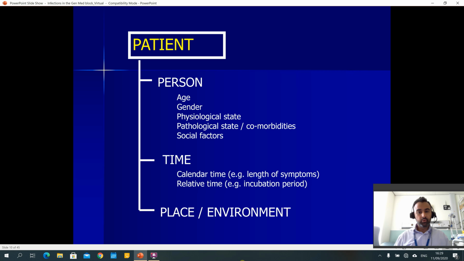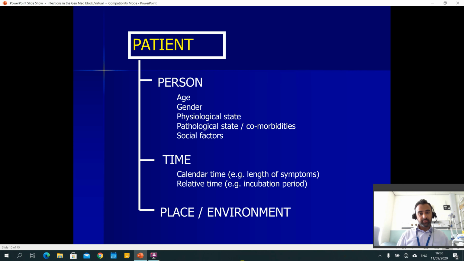Time, now this is quite important. So we're here talking about calendar time, so the length of symptoms. This is really relevant in the return traveler, so we often count the point when they return from their travel to the point that they get their symptoms as a key point in helping to decide their incubation period, which then gives us an idea about differential diagnoses.